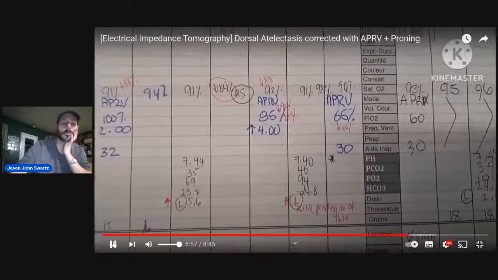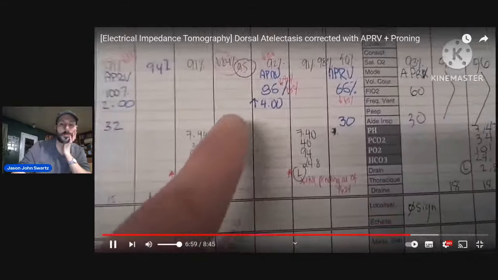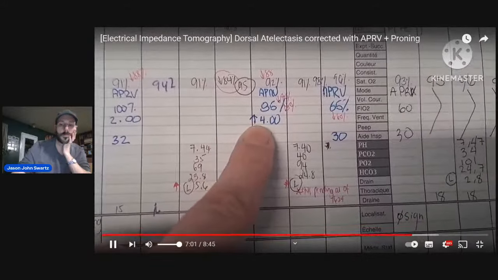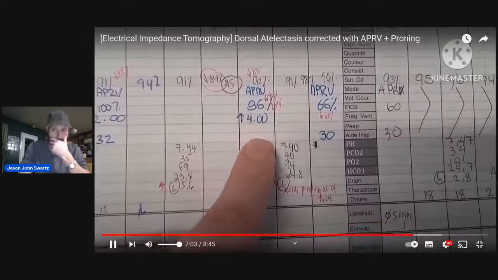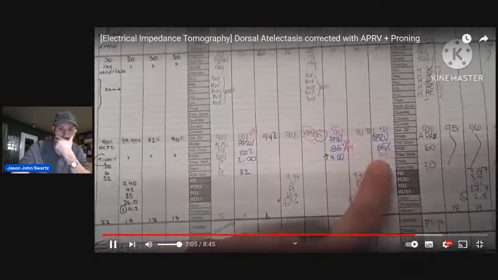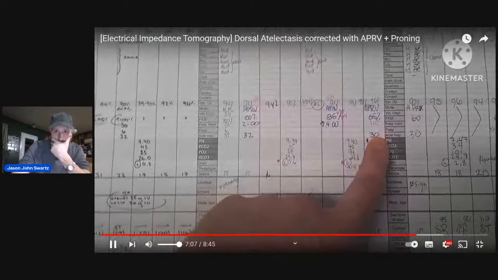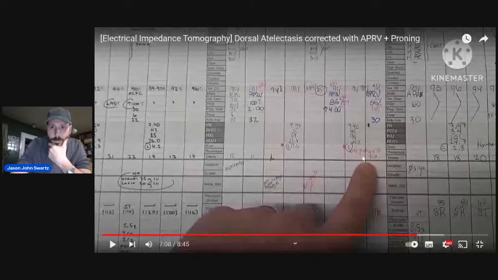Doses, we switched to APRV. She was on 100%. We were able to start weaning the APRV. That was yesterday here. And then after 65, she was, yeah, right here. This is the proning.